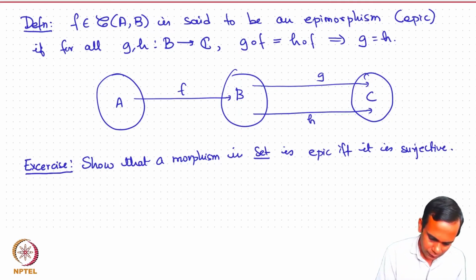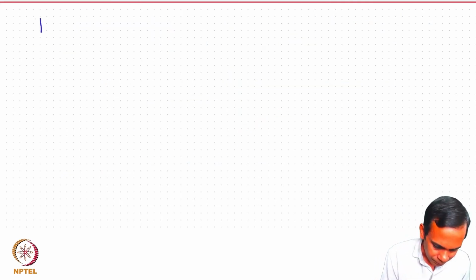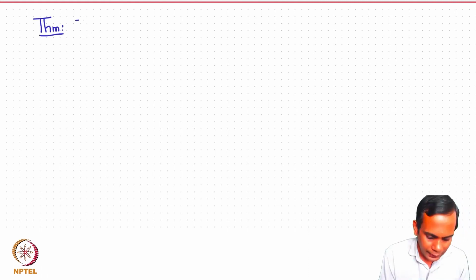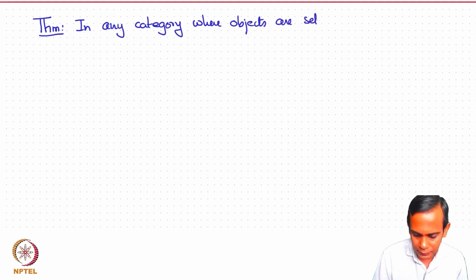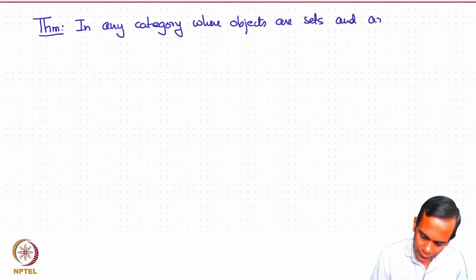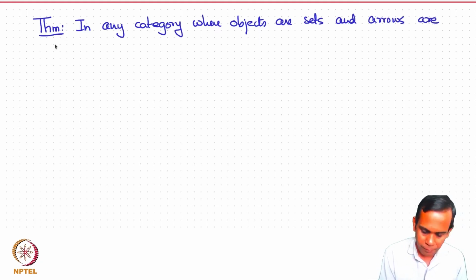So let's formulate this theorem. In any category where objects are sets and arrows are functions between sets, maybe with some additional conditions.